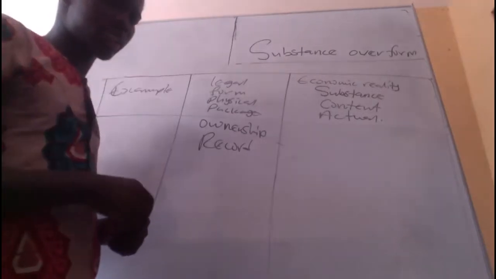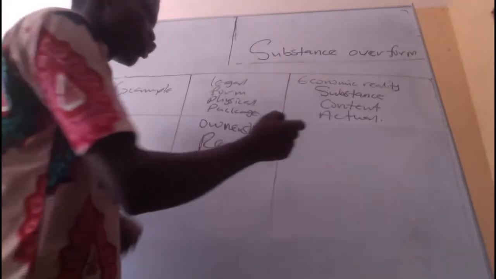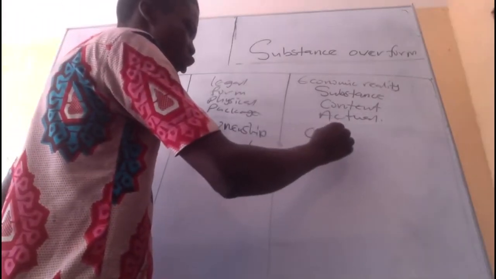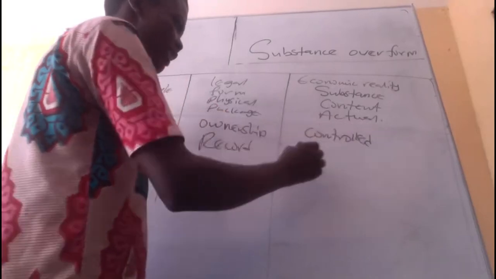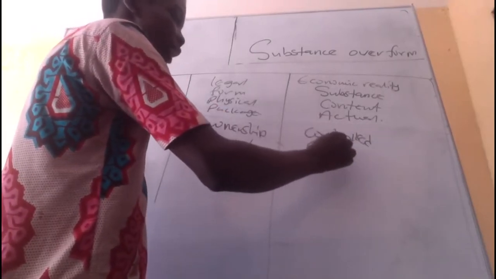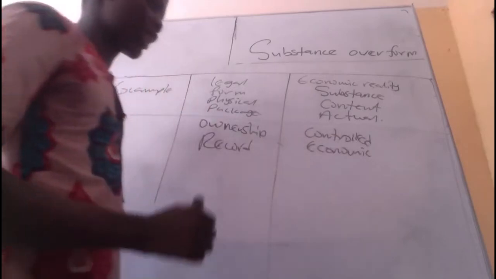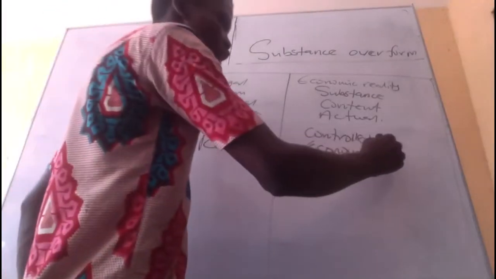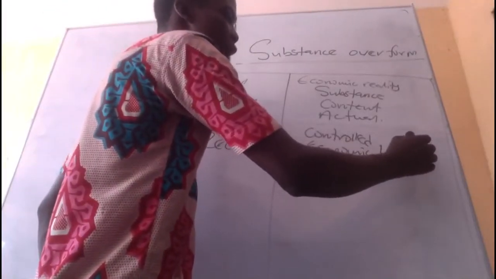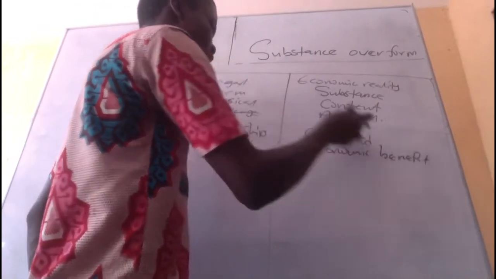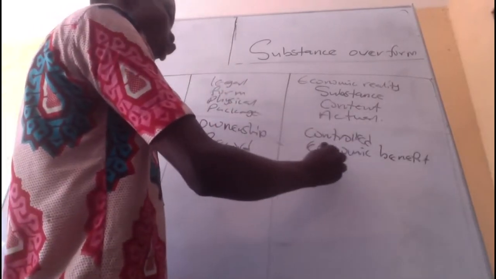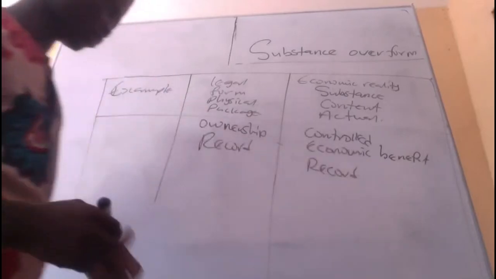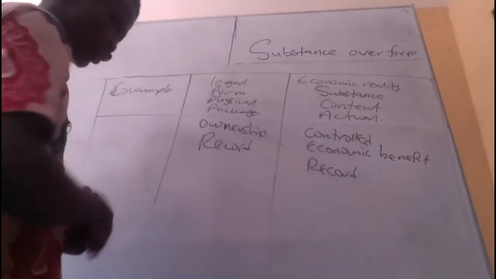Who controls the asset now? We control the asset, or we enjoy the economic benefits. Once these two are there, then we can record it. That's the substance form.